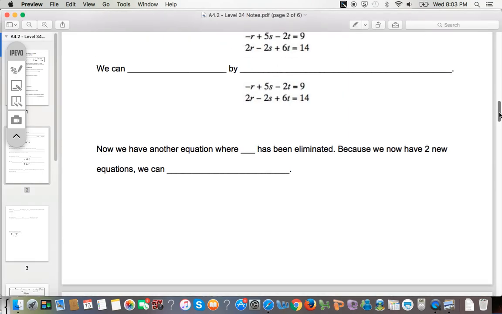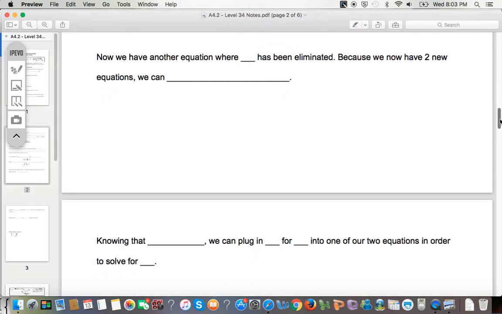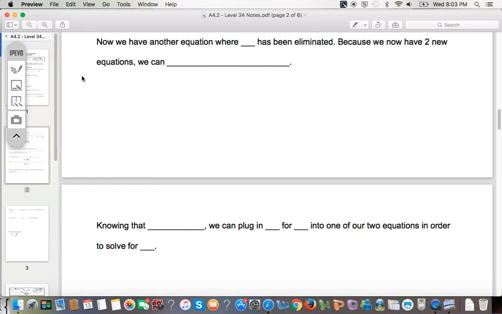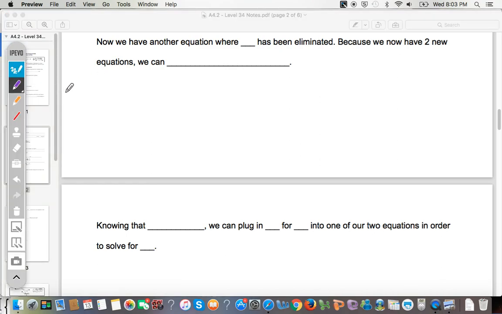So let's scroll down a little bit. Alright, so I'm going to write those two equations that I started down right underneath here. Okay, so I have negative r plus 13s equals 41.